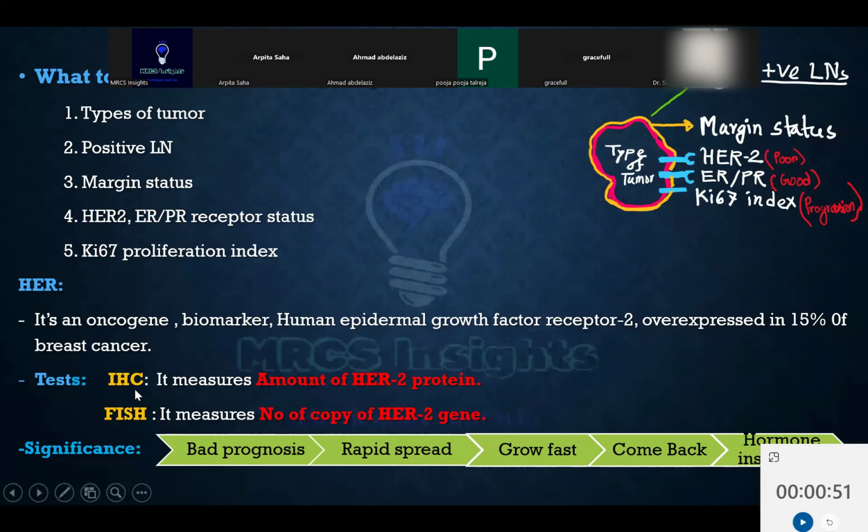By immunohistochemistry we measure the amount of protein, and by the FISH technique we measure the number of copies of the gene. Now, what does it signify? If HER2 becomes positive, it indicates that the tumor has bad prognosis, rapid spread, grows faster, comes back, and is also hormone insensitive.